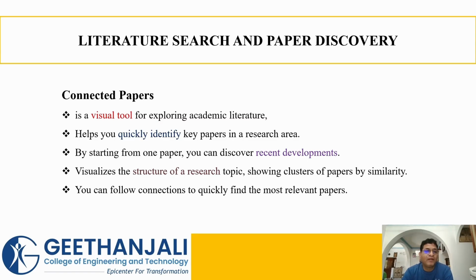By starting from one paper, you can discover the recent developments. You can visualize the structure of a research topic, showing clusters of papers by similarity. You can follow connections to quickly find the most relevant papers in your domain.